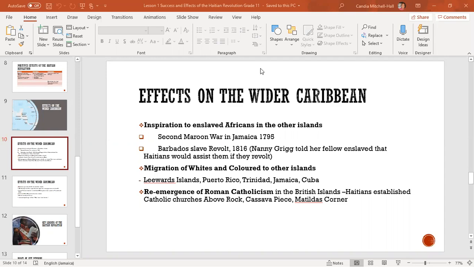So you're going to see a lot more Roman Catholic churches than before. For example, in Jamaica, churches were established at Above Rock, Cassava Piece, and Matilda's Corner. These are some places where Roman Catholic churches would have been established.